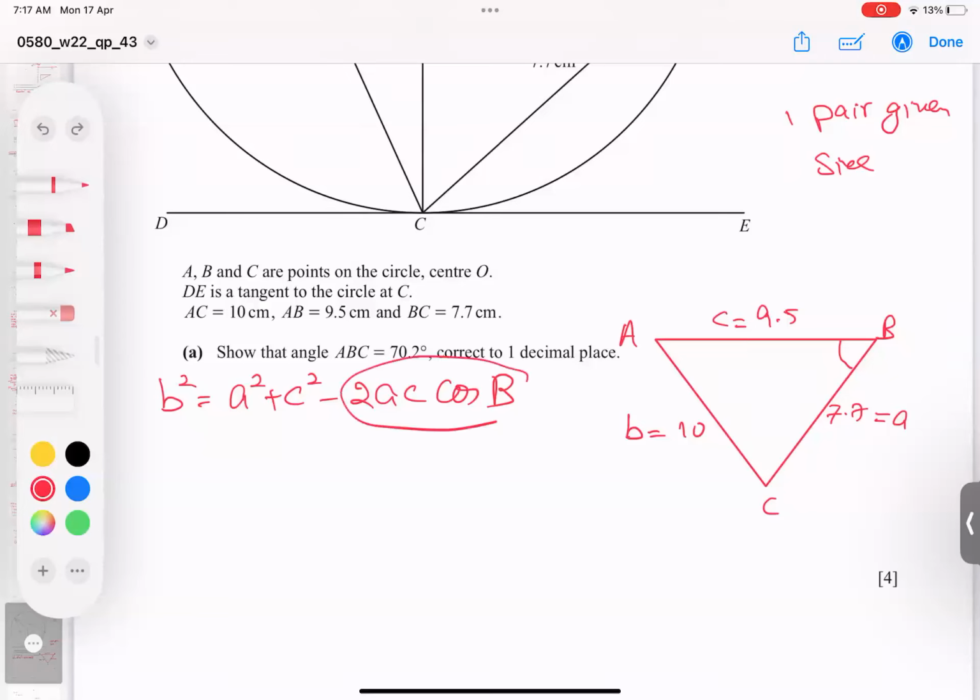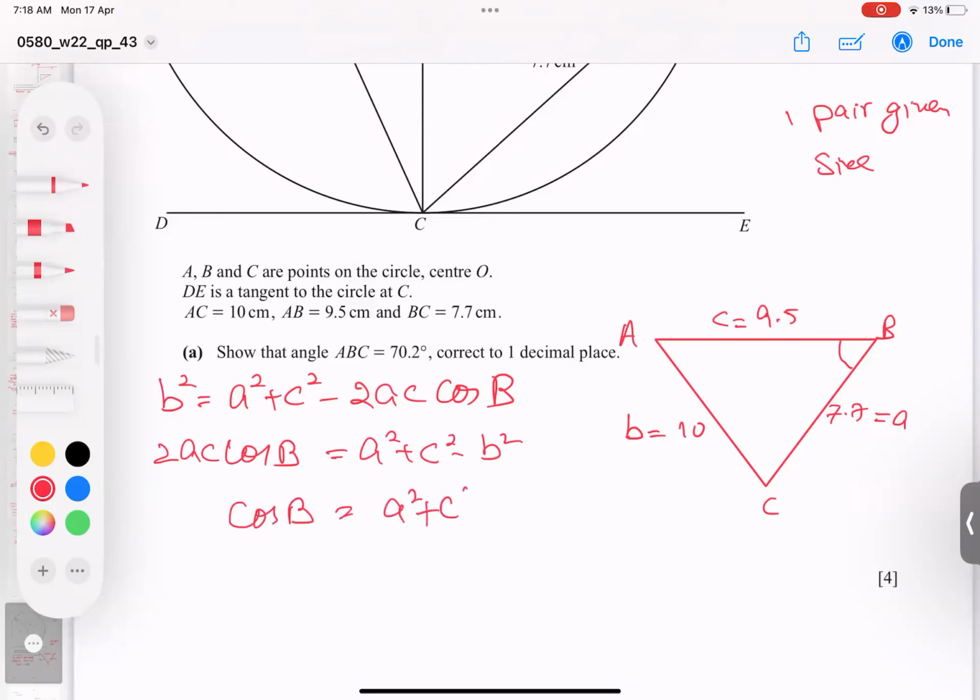This whole thing will go to the left side, and this B square comes to the right side. This 2AC will divide. Some students memorize this formula, and I'm showing the proving part. Now I can just plug in the values.